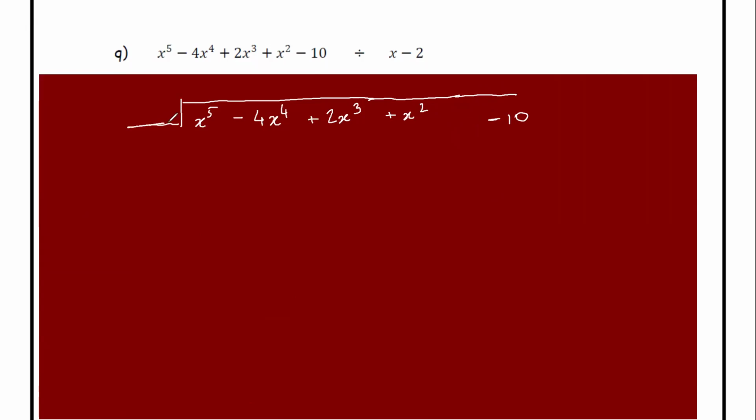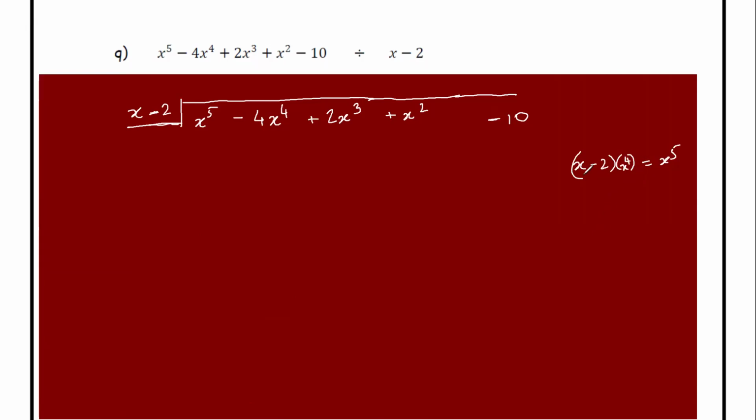So look at this. You got x minus 2, right? So x minus 2 into what gives you x raised to 5, right? So that's pretty easy. It will be x to the power 4.